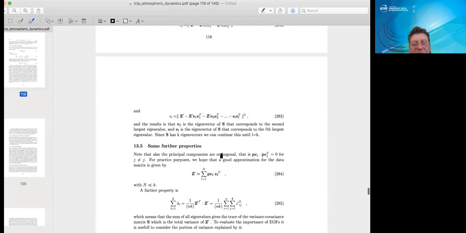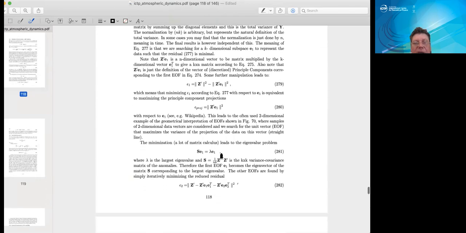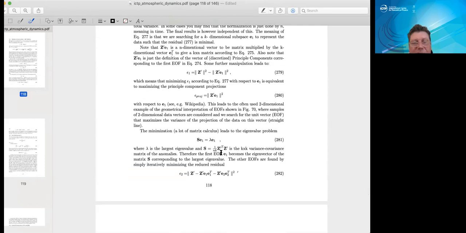So it turns out that this is a very well-known problem in physics and has been solved for many physical problems. And the mathematical solution is that again we are solving an eigenvector problem. So a matrix, which is the variance-covariance matrix, which is a k times k matrix. If you imagine we have many grid points, maybe 100,000 grid points, then this variance-covariance matrix would be a 100,000 times 100,000 matrix.